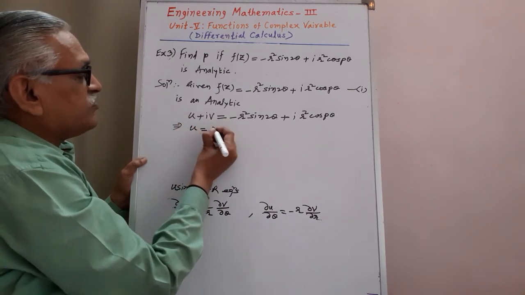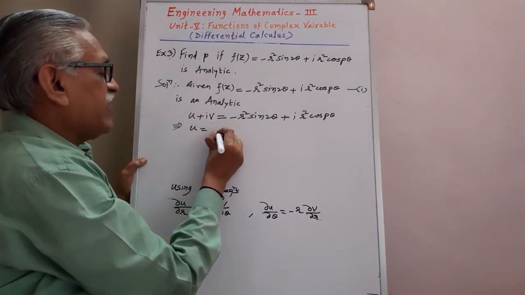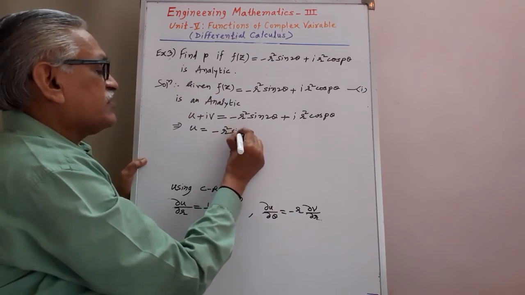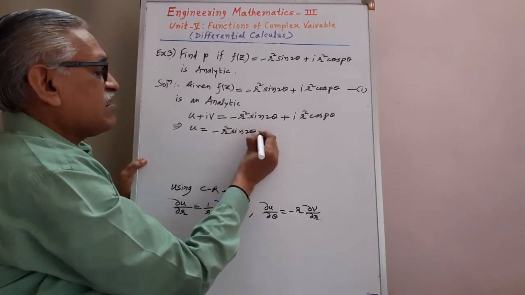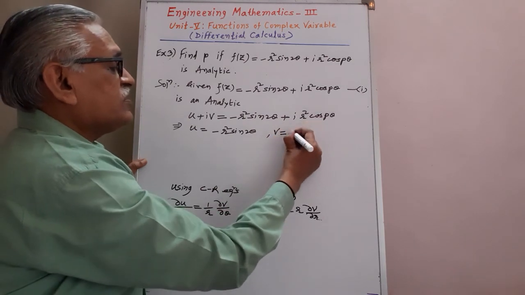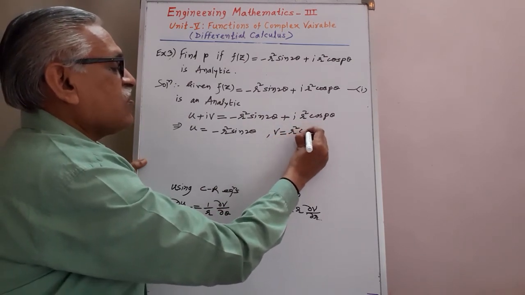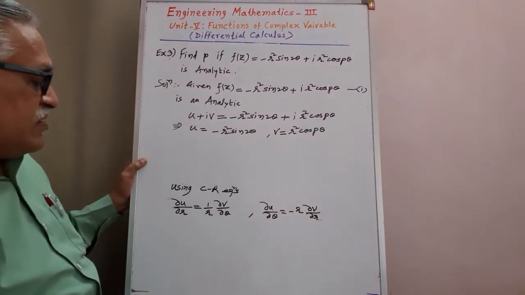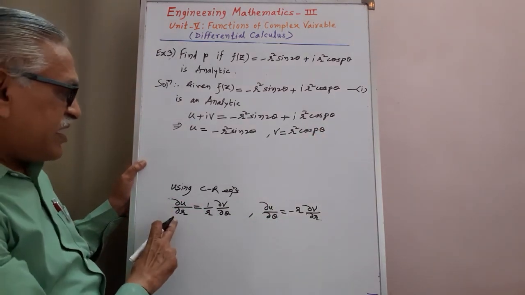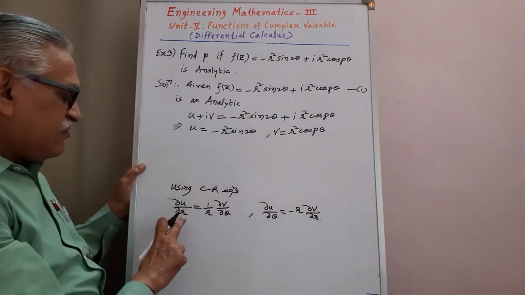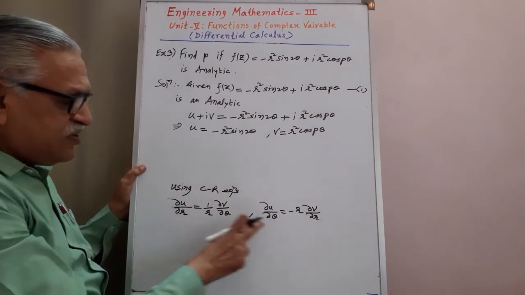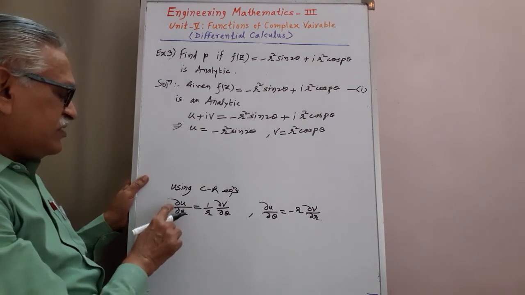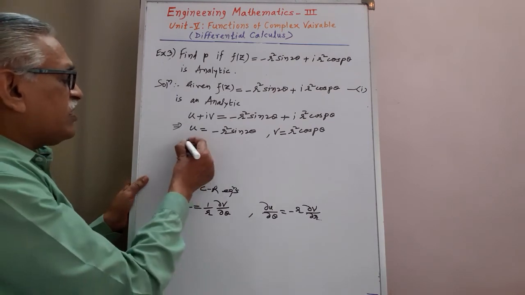u is equals to minus r square sine 2 theta, but v is equals to r square cos of p theta. And then to determine that p, we use either this first one or second one. Therefore, if I want to use first one, we require the value of dou u by dou r.